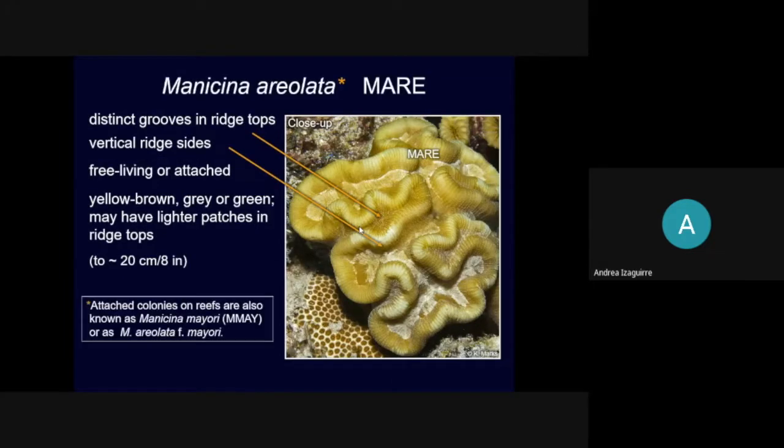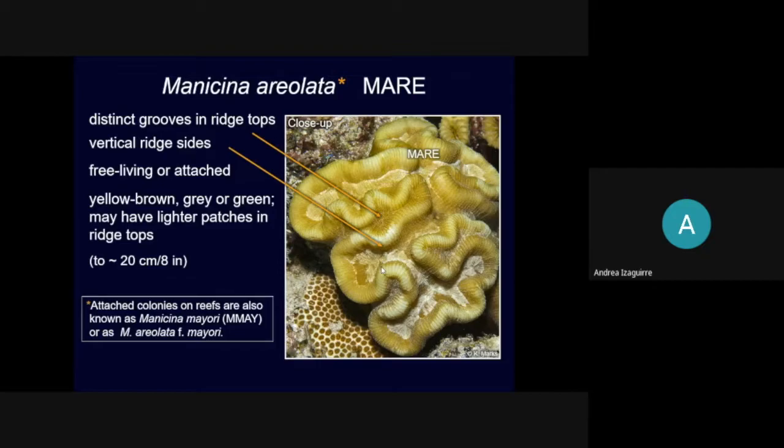The second coral that we'll be looking at is Manicina areolata. So with our MARE, this will help you out in the water if you see a coral like this, because it is quite small.